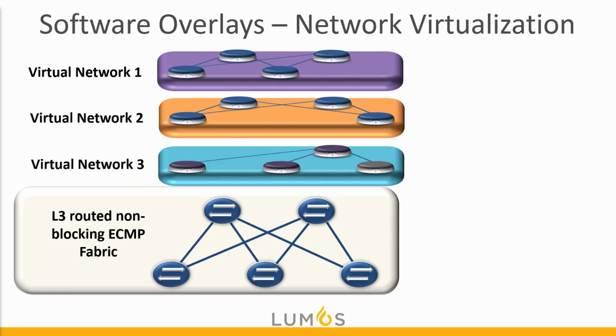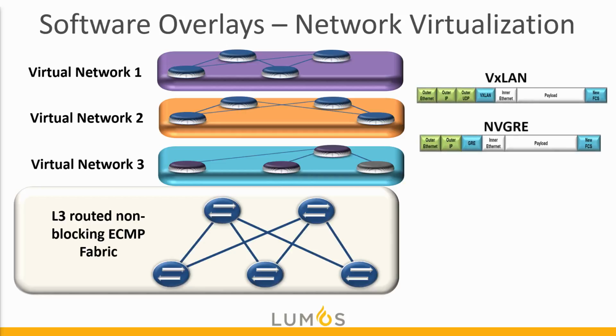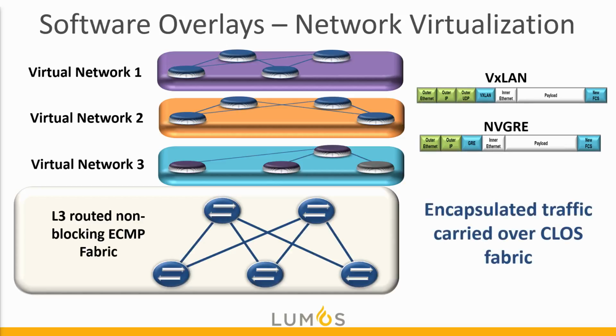And these virtual networks are use case driven. So as someone needs a new virtual network, we place a new virtual network on top of the existing hardware infrastructure, using encapsulation methods such as VXLAN, or Microsoft tends to favor NVGRE. So this is encapsulated traffic that's carried over the CLOS fabric.